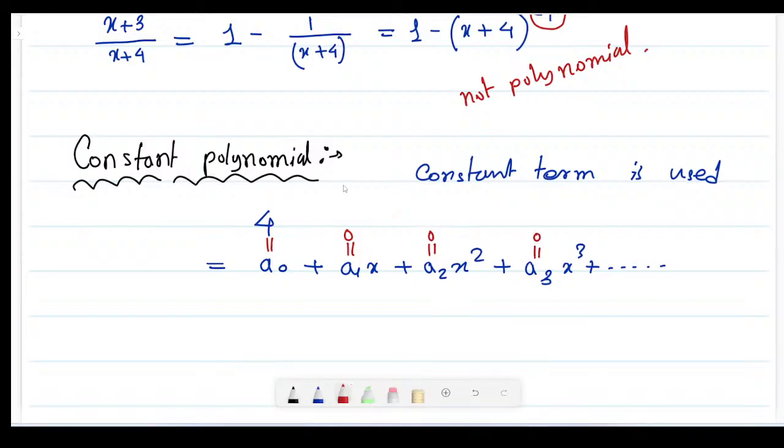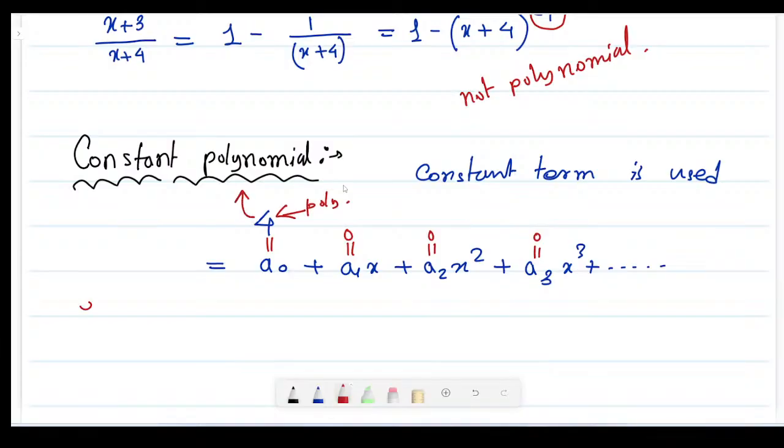So 4 can be expressed as the general expression we have seen before. So 4 is a polynomial, and 4 is just a constant term. There is nothing variable, so it is a constant polynomial.